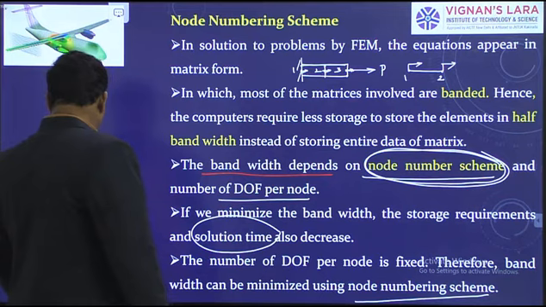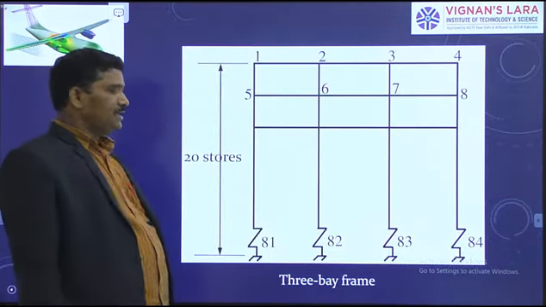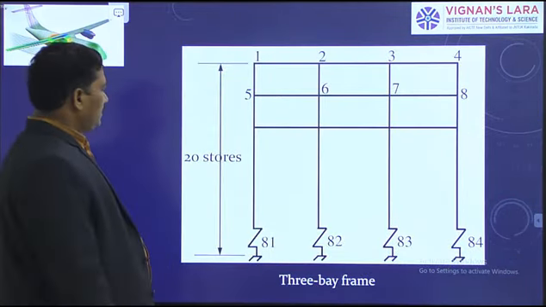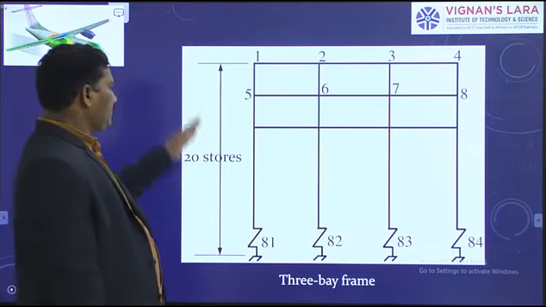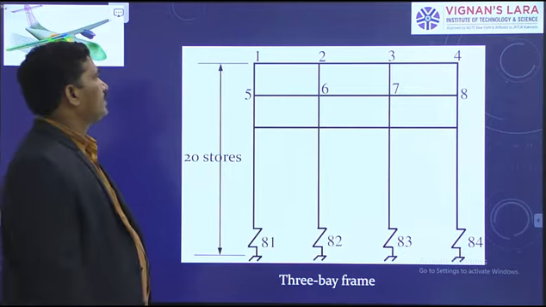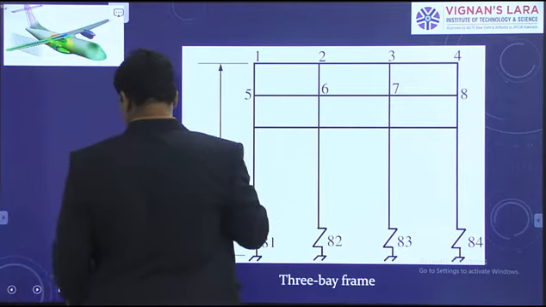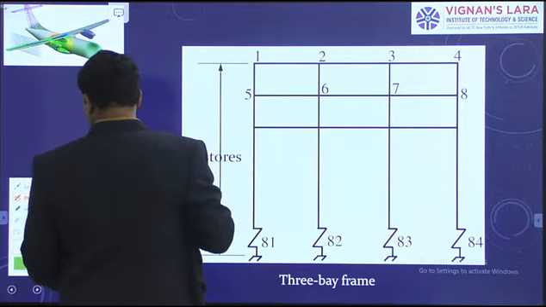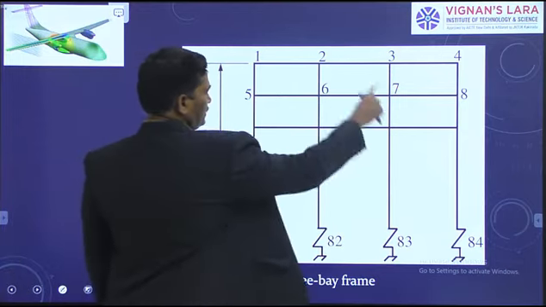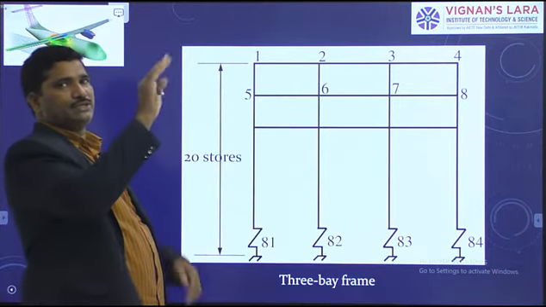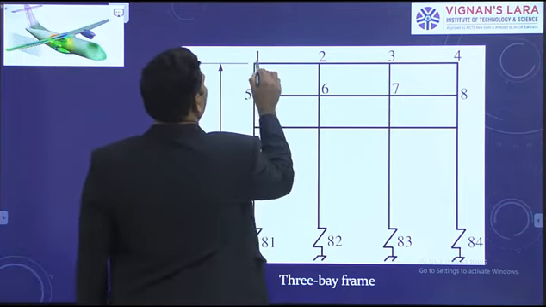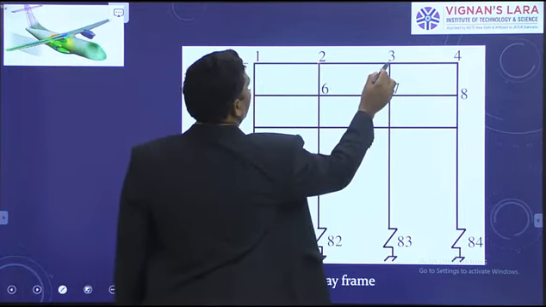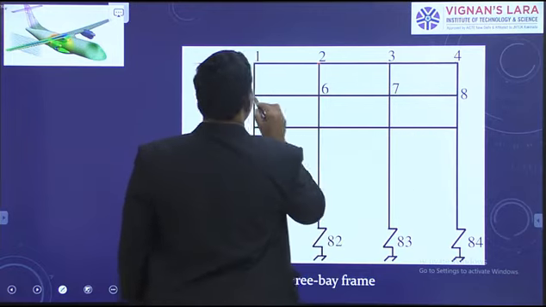Right? Now, how do we determine the bandwidth? See, this is a huge structure which has how many stories? 20 stories. Right? This is node 1. You can assume a structure like this with 20 stories. So this is first node. This is second node. This is third node. This is fourth. This is fifth.